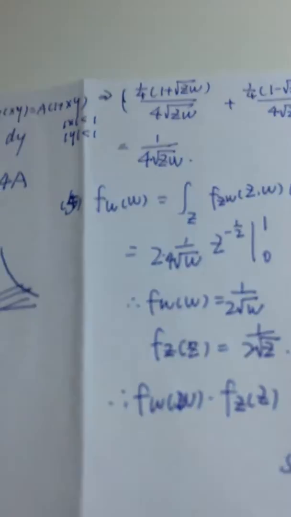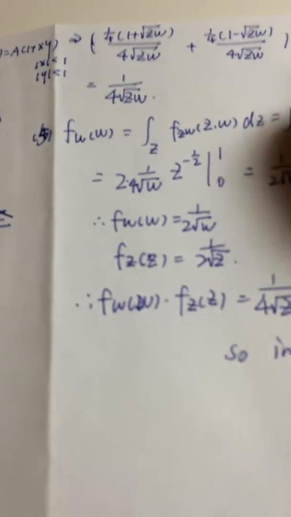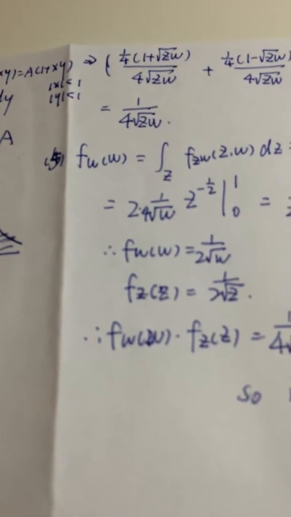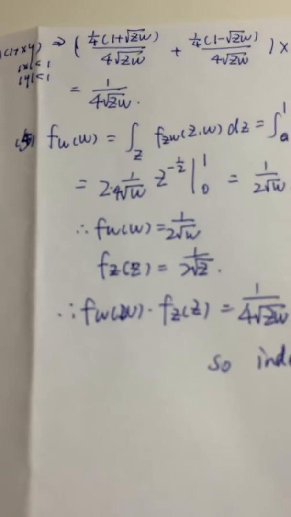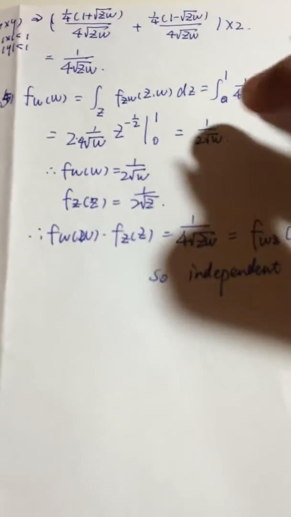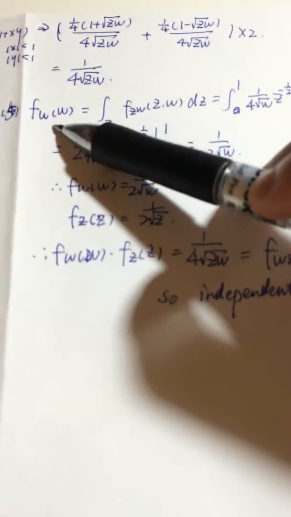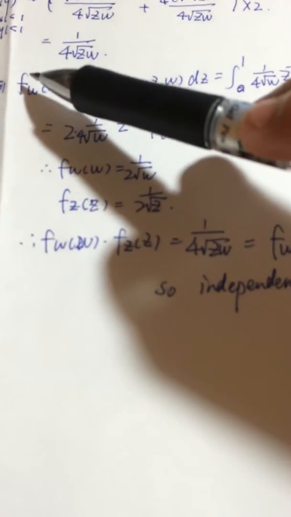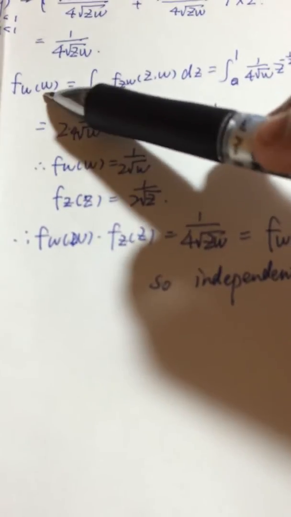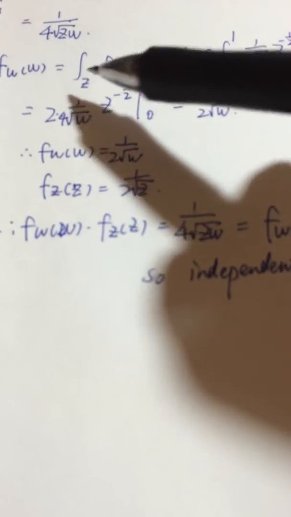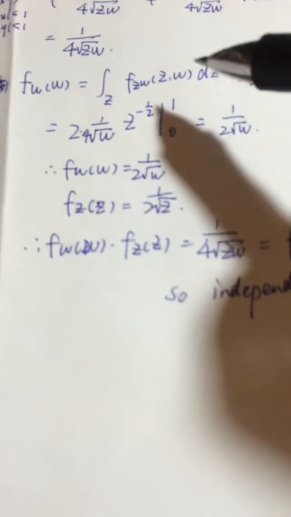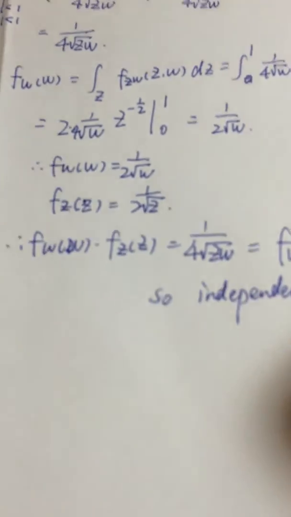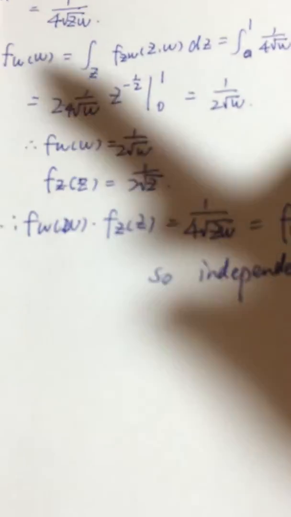I think it's the fifth question. The fifth question is to prove or disprove that x squared and y squared are independent. My answer is they are independent, because we can find the density function fw by integrating over z the joint density function of z and w, and we can find the answer.